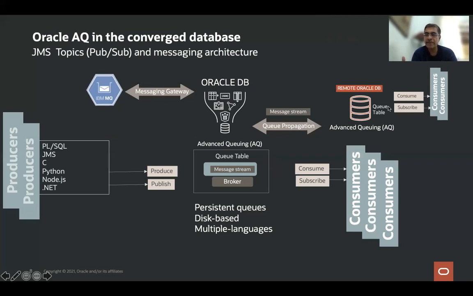So you can imagine having a global database of sorts where the messaging system can produce at one point and consume from somewhere else. And this is a very widely used use case. There's also a messaging gateway that can take messages from IBM queue and bring them to Oracle AQ or vice versa. Right, so again, that gives you the flow of what AQ as a messaging system is all about.